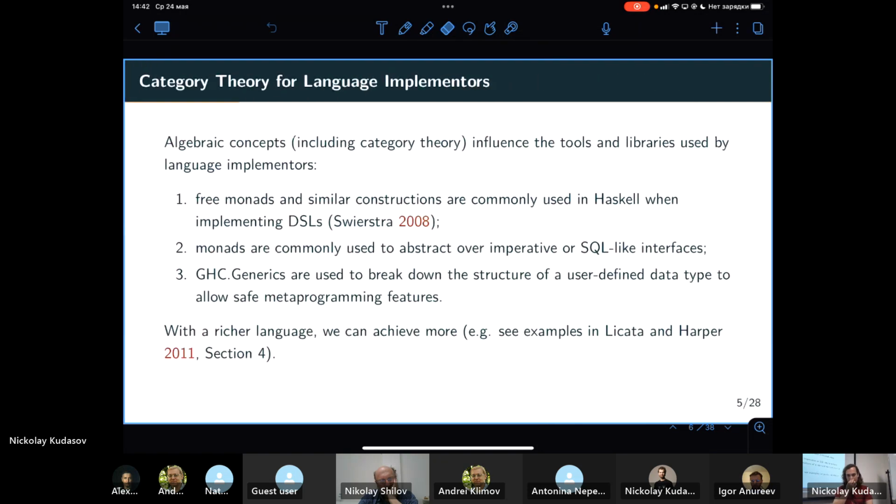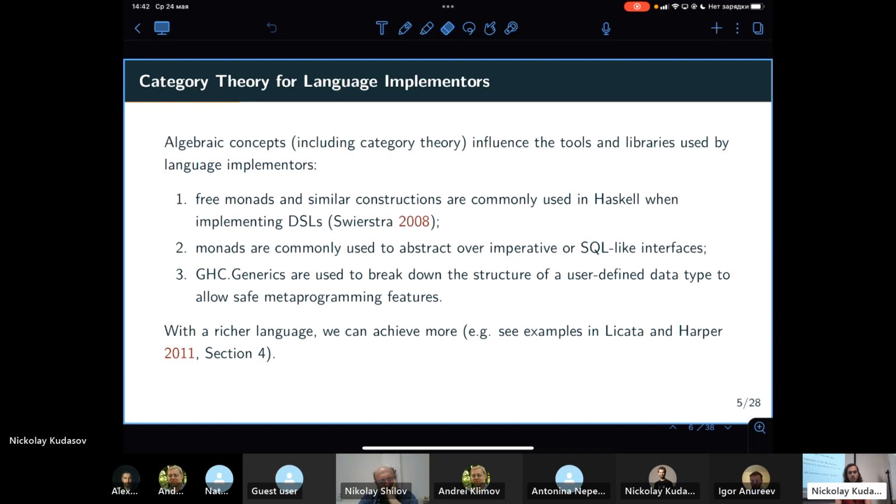Right. Then another application of category theory that is a little bit closer to me is when you implement, let's say, a domain-specific language, or not necessarily domain-specific.